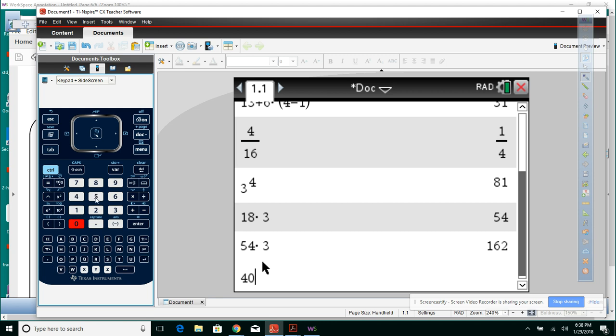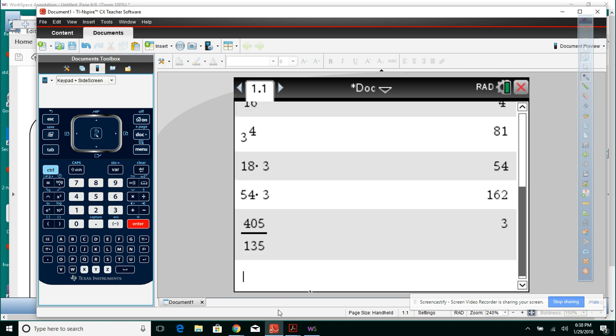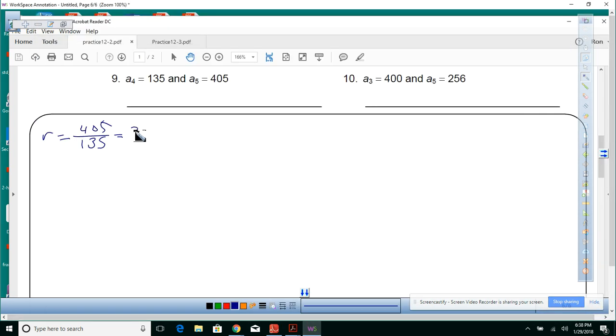So what is 405 divided by 135? 3, okay? So r equals 3. We got to backtrack a little bit. So a sub 4 equals 135.